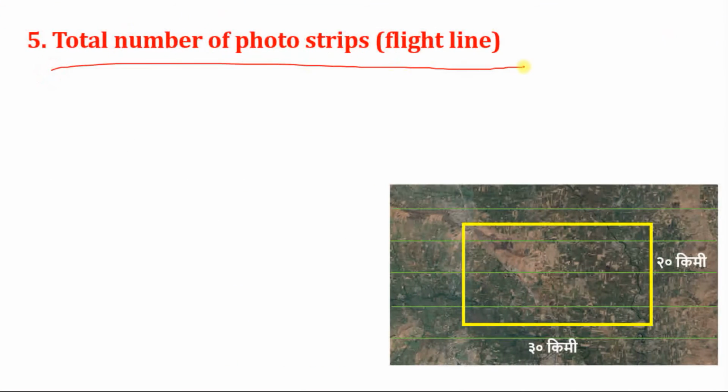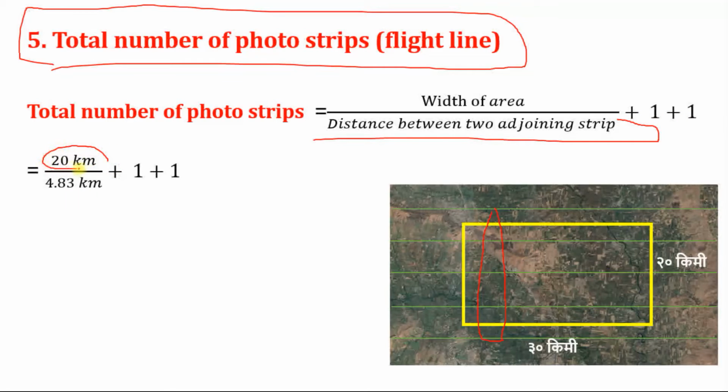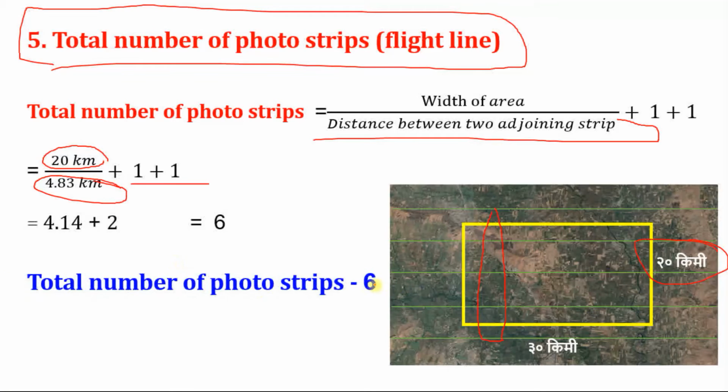Next, total number of photo strips in a flight line. How many photo strips are required to cover this area? Formula: total number of photo strips is equal to width of area upon distance between two adjoining strips plus 1 plus 1. 20 kilometer is the width of area, 4.83 kilometer is the distance between two adjoining strips, plus 1 plus 1, 4.14 plus 2, 6.14, but in round figure this is 6.